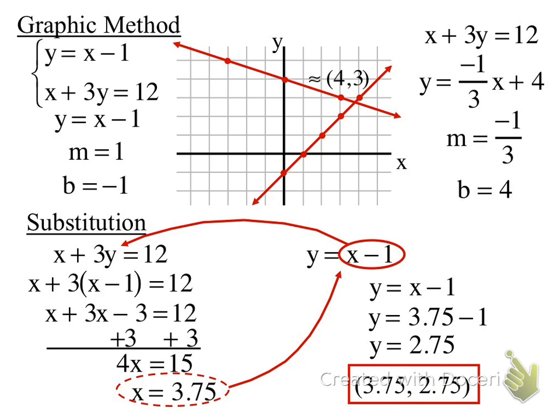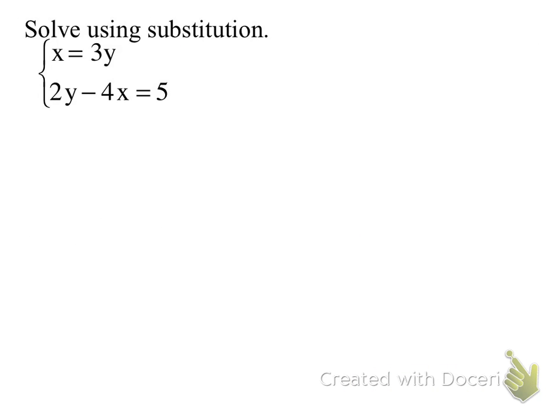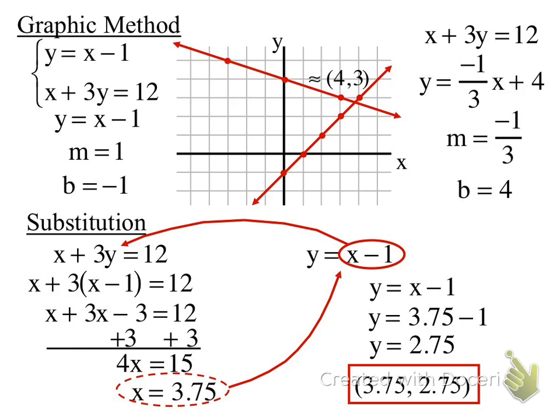And this is way more accurate than about 4, 3. Yes? Do you want us to do that on the test? Yes. Always. If it's that section and it says use substitution, I want you to do that. Okay. For tonight's homework, it's the only way you're doing it. You're not graphing. So let's try one. Yes, sorry. What was your question?